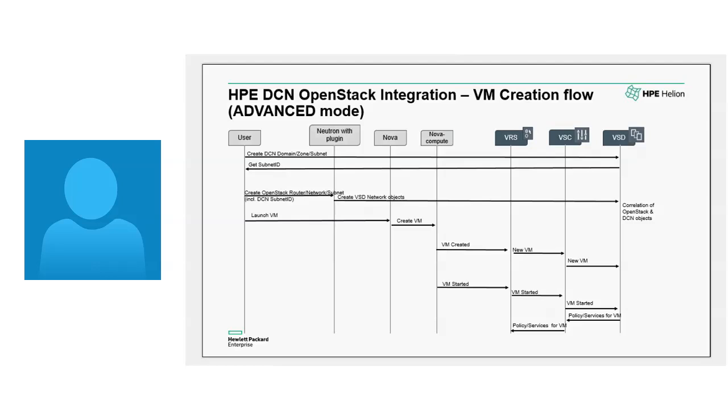So the difference would be that in the basic mode, if you would go and create a network inside OpenStack, it would automatically get reflected inside Nuage. But if you create a network inside of OpenStack today, there's no way for VSD to know. So everything would have to be first done in VSD for us, and then it would have to be created in OpenStack. Right.